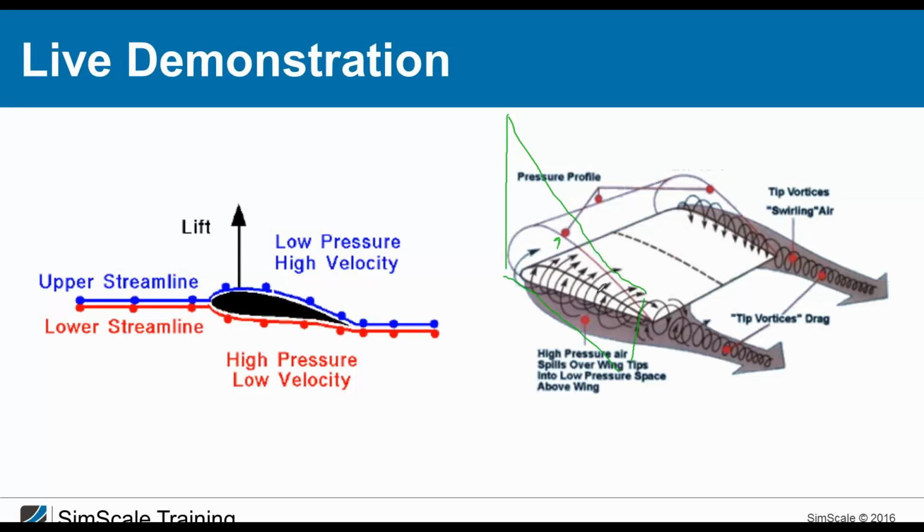And what will happen now is that, as you know, if we have a pressure gradient, by natural processes, the air will try to get over this gradient. And what will happen is that this high pressure air spills over the wing, and this will generate vortices, which you can see here.